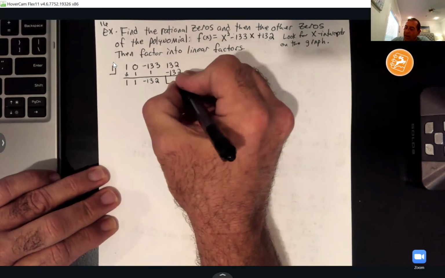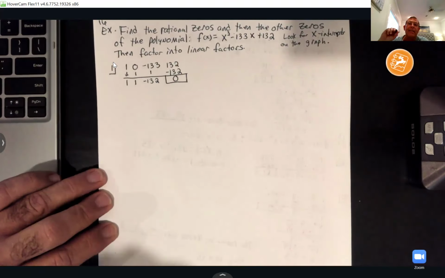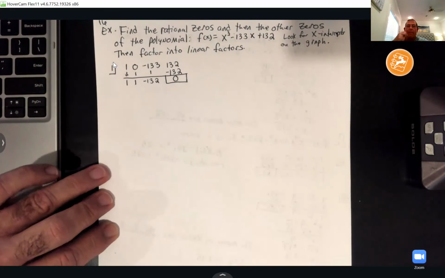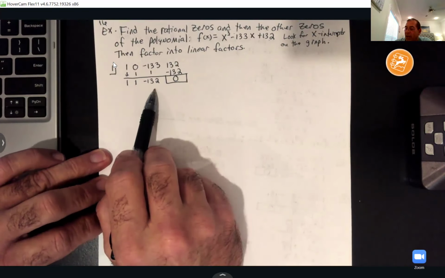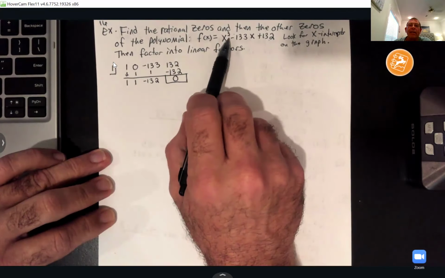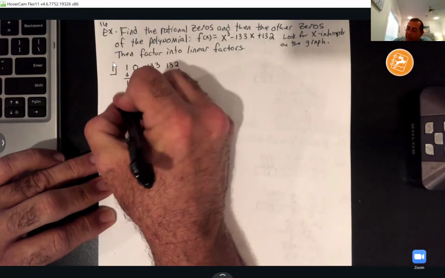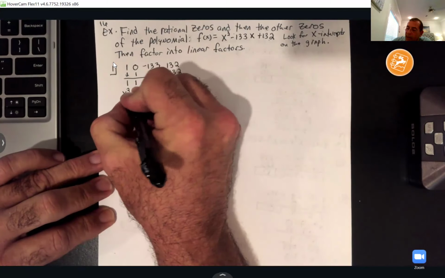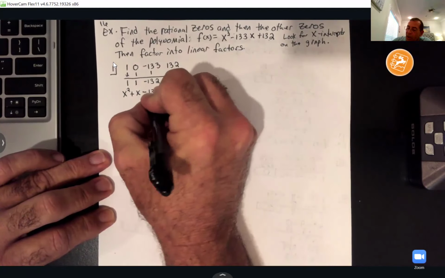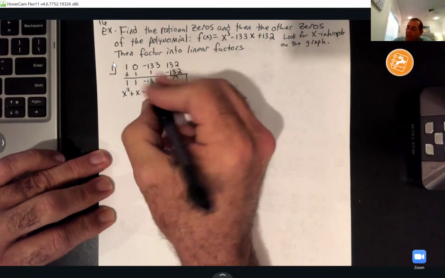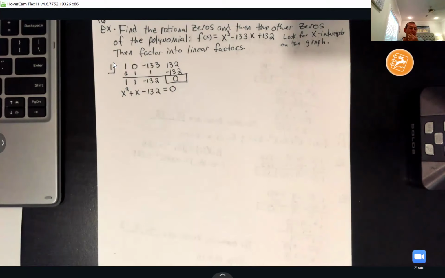So that's going to give me a 0 remainder, which means 1 is definitely a zero. Now, these 3 numbers, we can do our quadratic stuff. So 1 degree less than an x to the third means that's 1x squared plus 1x minus 132. All this will now be equal to 0.